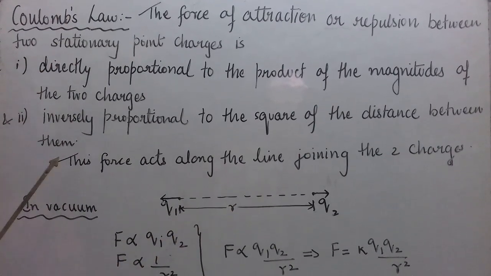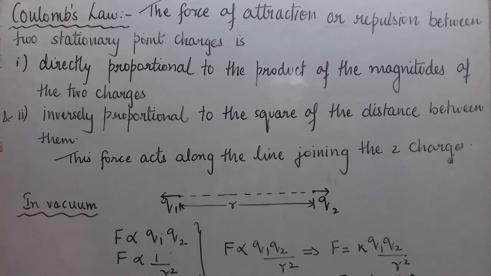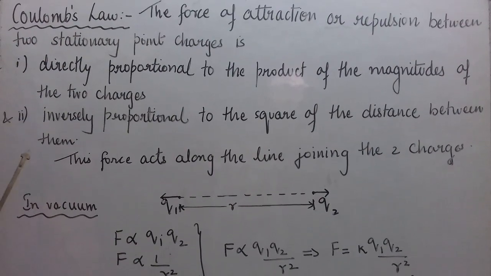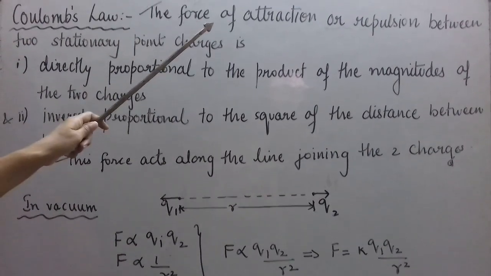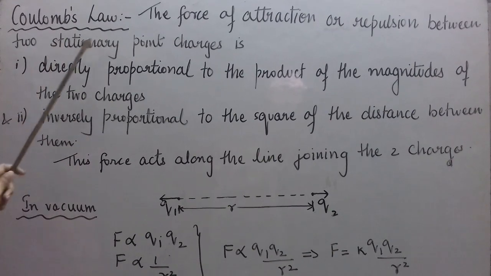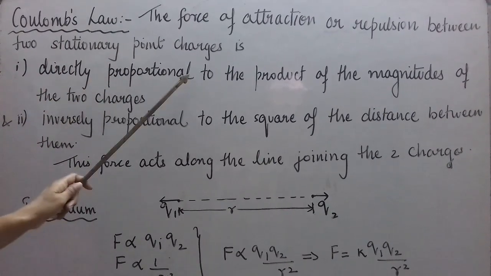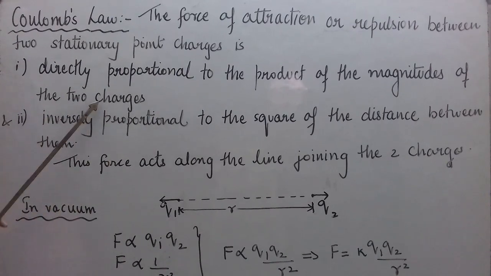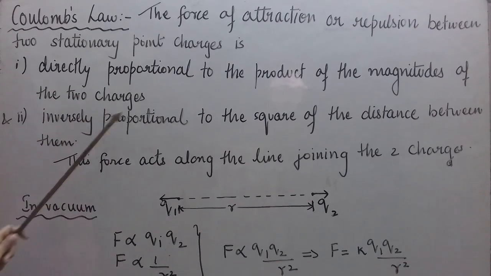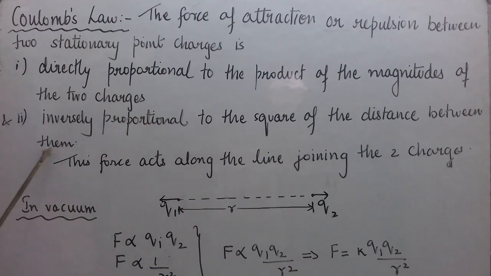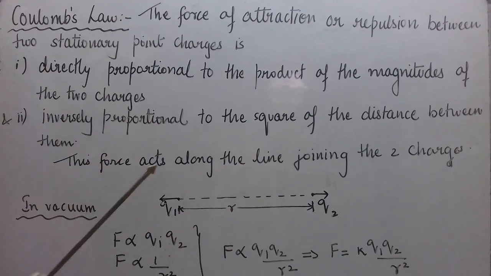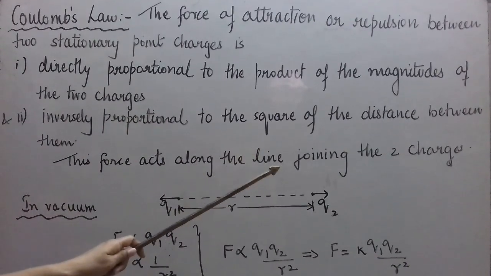I'll repeat it once again, and I hope you will remember some other law which is quite similar to this. The force of attraction or repulsion between 2 stationary point charges is directly proportional to the product of the magnitudes of the 2 charges and inversely proportional to the square of the distance between them. This force acts along the line joining the 2 charges.